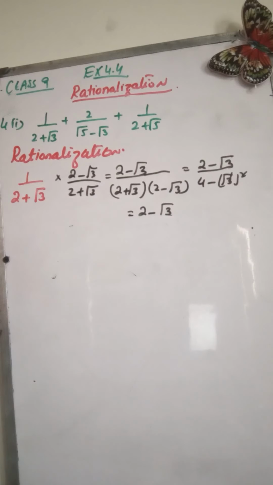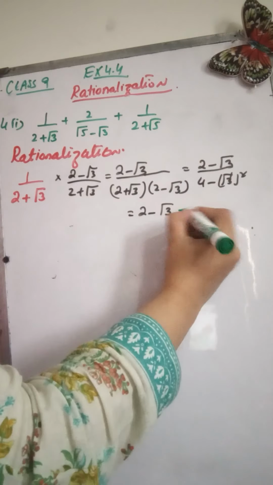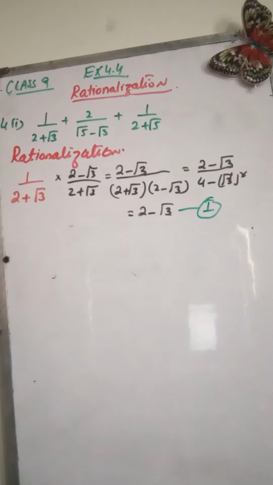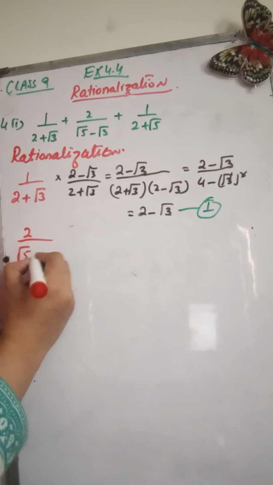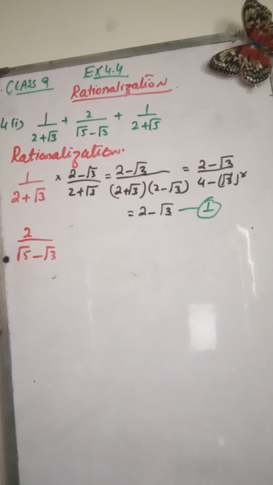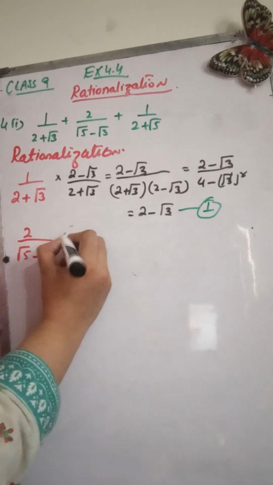Now mark this as 1. Now taking the second fraction, 2 over under root 5 minus under root 3. In order to rationalize the denominator, we are going to multiply and divide 2 over under root 5 minus under root 3.